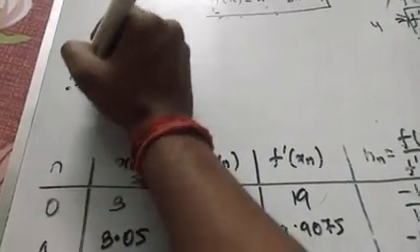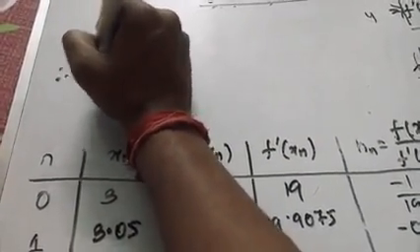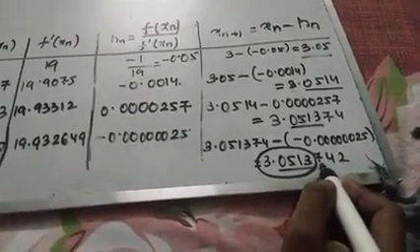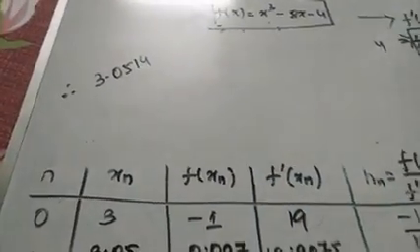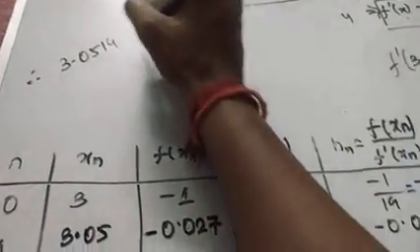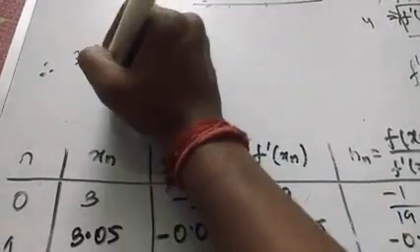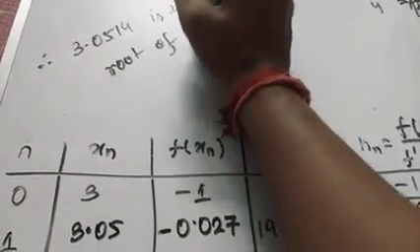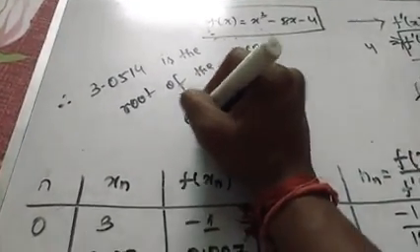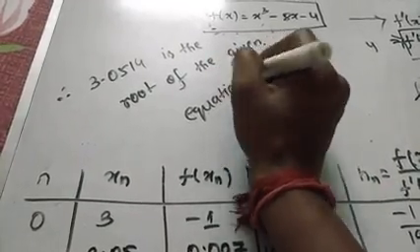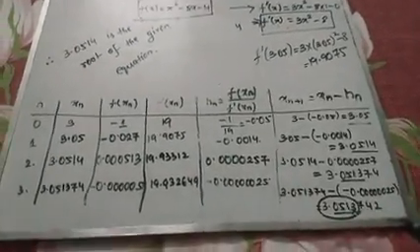Therefore, 3.051, just approximate because this position is 7, greater than 5, so we are going to add 1. 3.0514 is the root of the given equation. So finally we have finished the question.